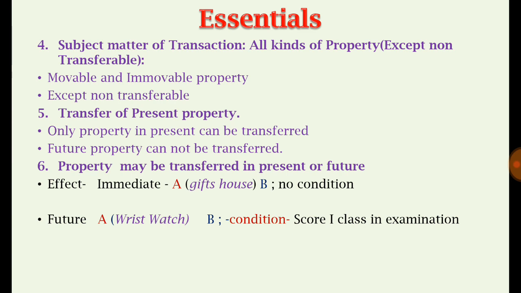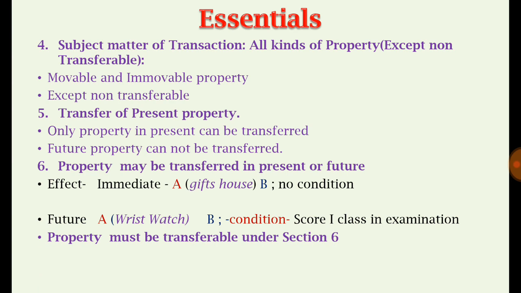So this is a transaction which provides for the transfer of property in the future. It means as soon as B fulfills the condition, as soon as B secures first class in examination, he will be entitled to get that property. And if he fails to do that, he may not be entitled to get that property.